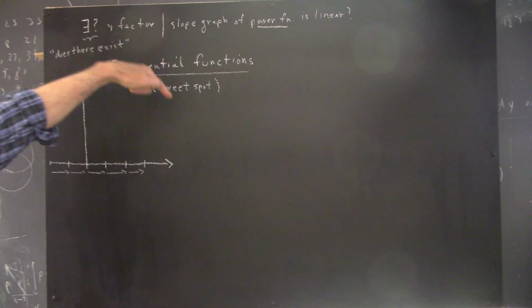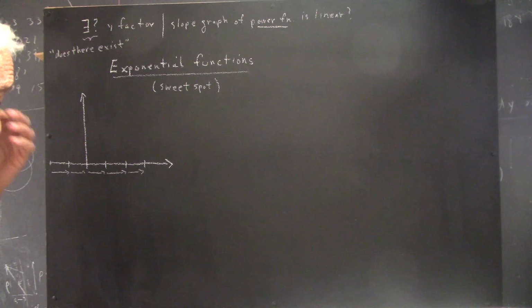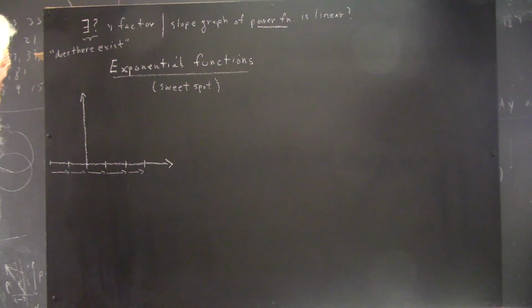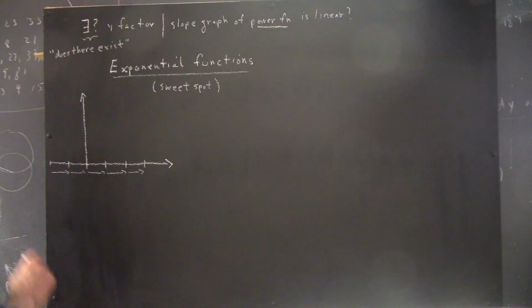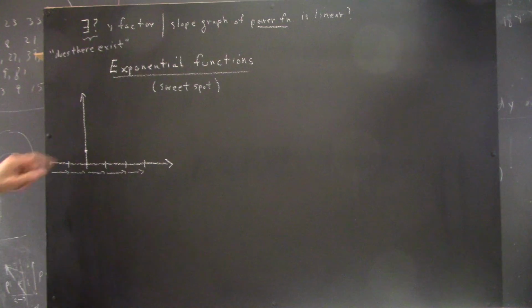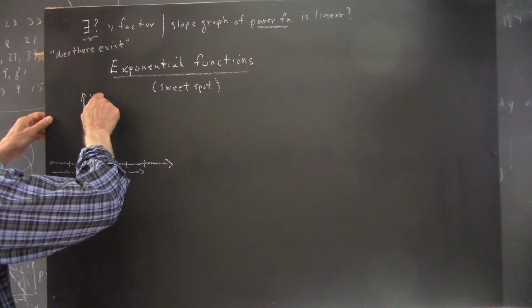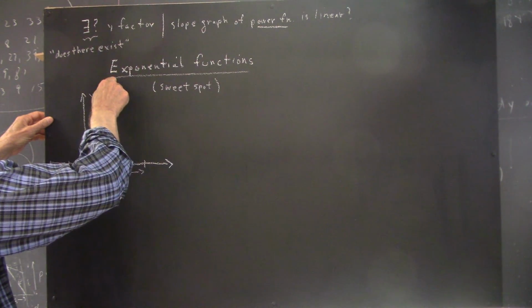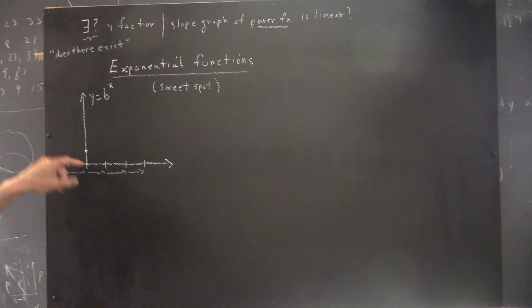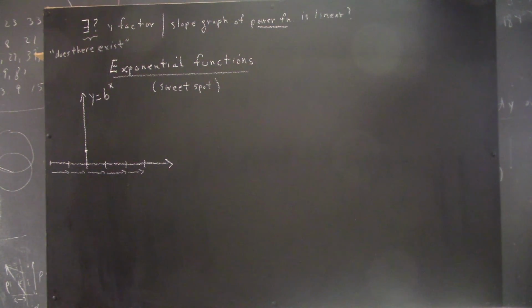Okay, there's a sweet spot associated with the base of an exponential function, and we're going to develop that idea. First of all, if our doubling distance is indicated by the arrow here, and if we just start at some point on the x-axis for a function y equals b to the x, well, the point on the y-axis is for x equals 0, so that the y value is b to the 0, which is 1 for any value of b.